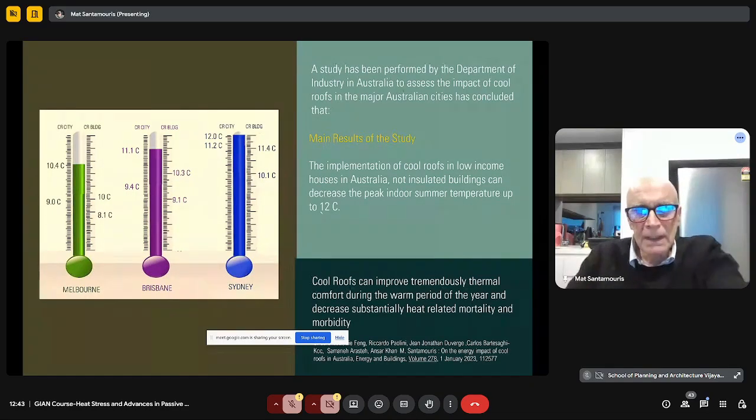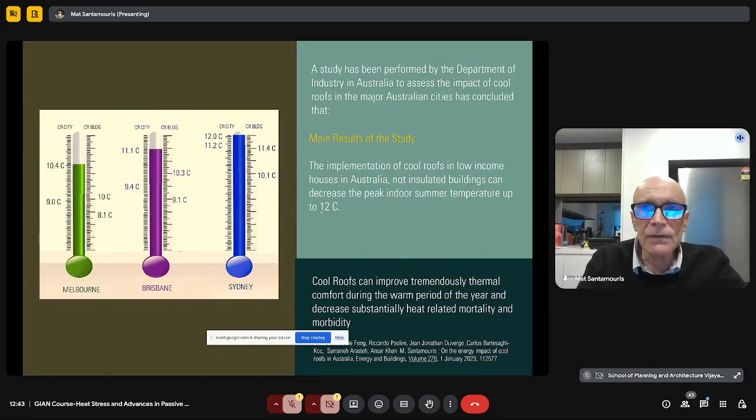But the most important thing is that once these materials are implemented on low-income houses, and unfortunately in Australia we have a lot of low-income houses for the First Nation people, the so-called Aboriginals, or for low-income people living in cities, once these materials are used on the roof, and this is something which is measured, we may decrease the indoor temperature by up to 10 or 12 degrees.